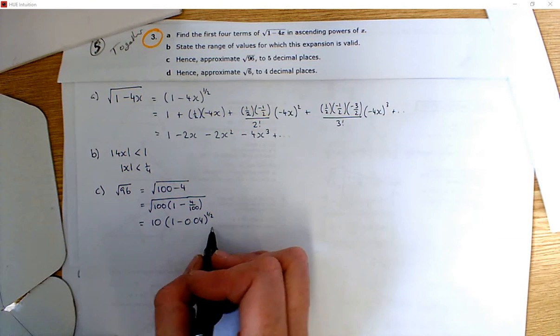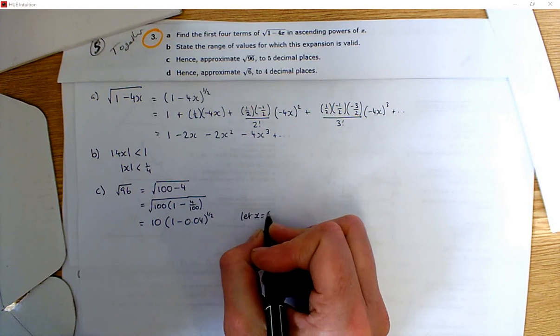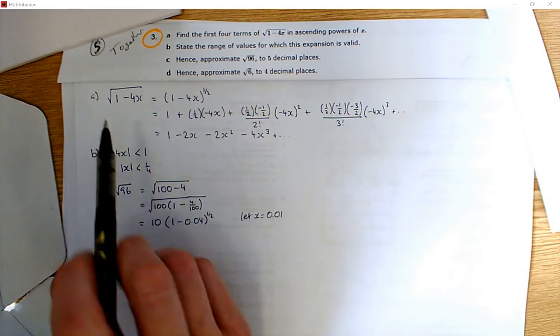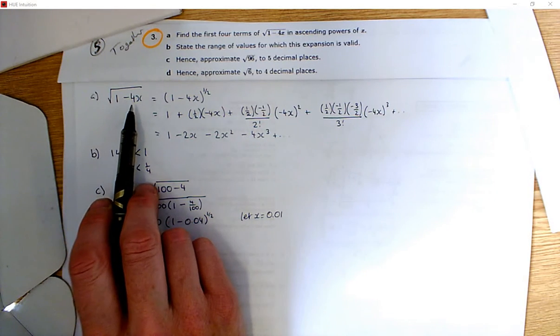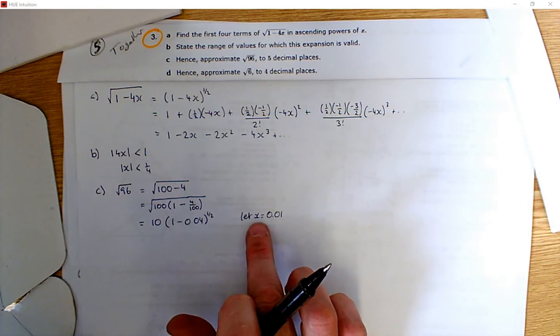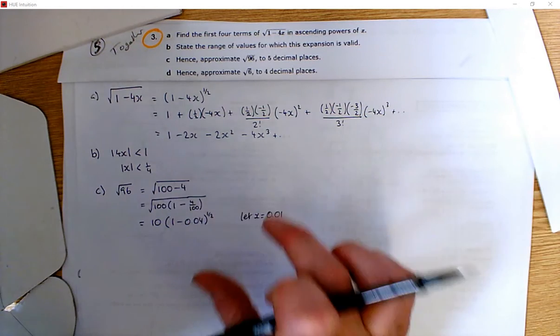Now that's great. So if we let x equal 0.01, then it works in our 1 minus 4x. So what I'm going to do now is just put this into our binomial expansion.